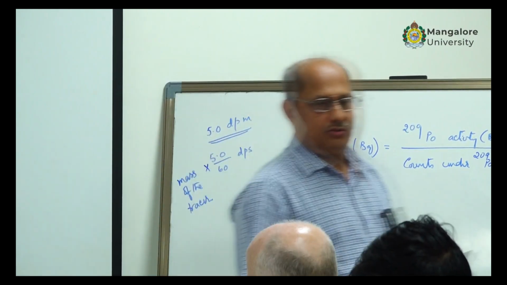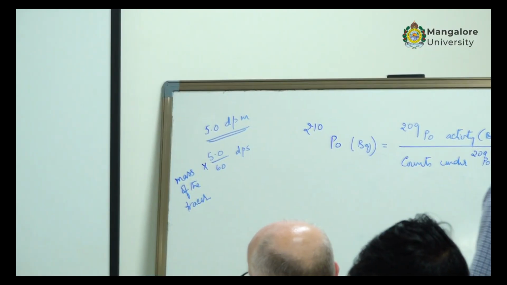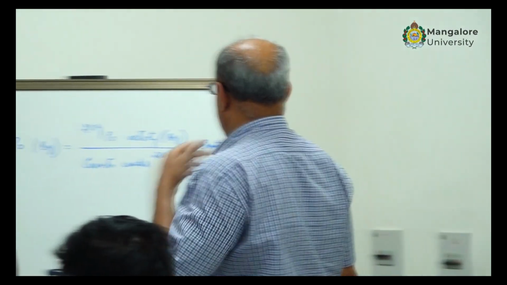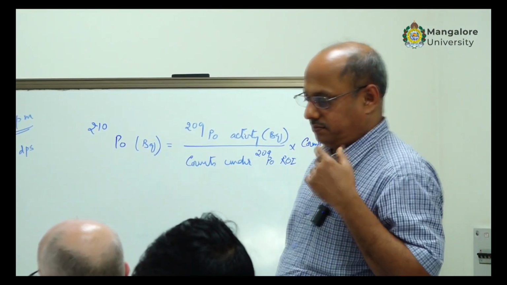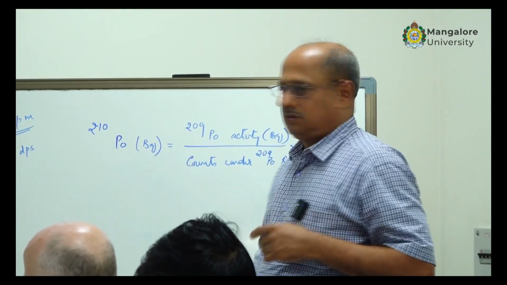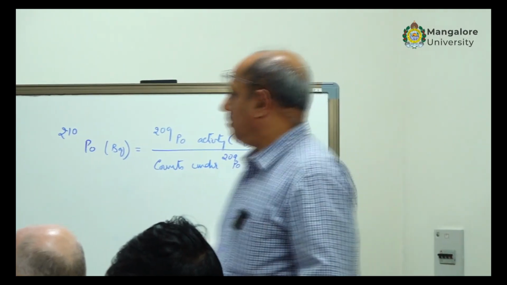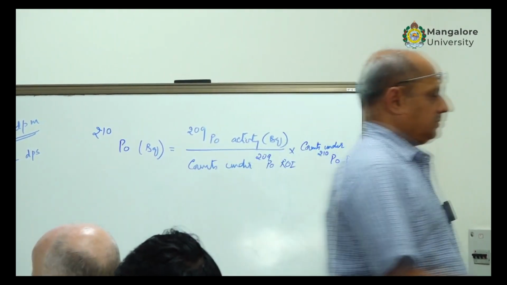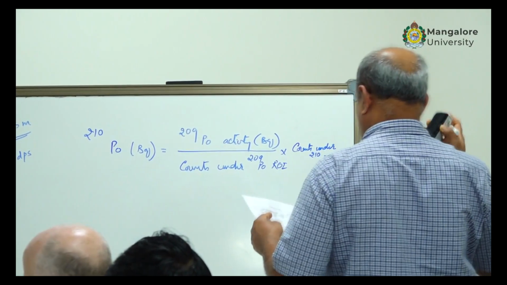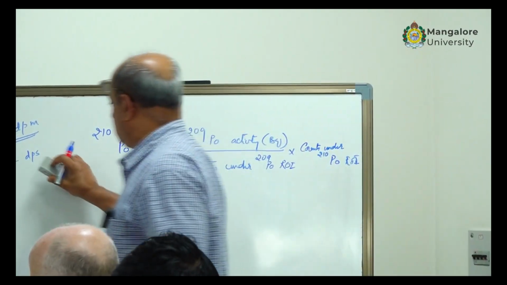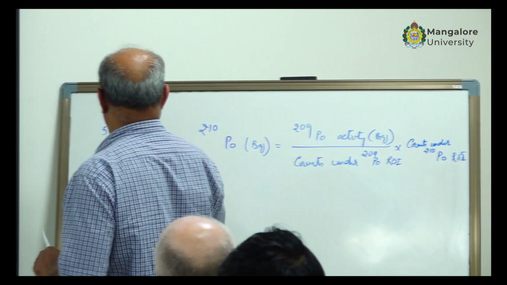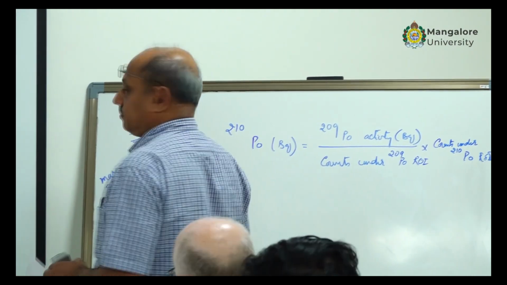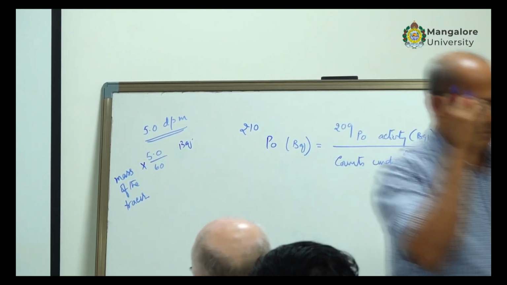Mass of the tracer. That gives you the total activity in the solution. Right? 5 dps or 5 becquerel, or 5 by 60 becquerel. So this is becquerel. Right?